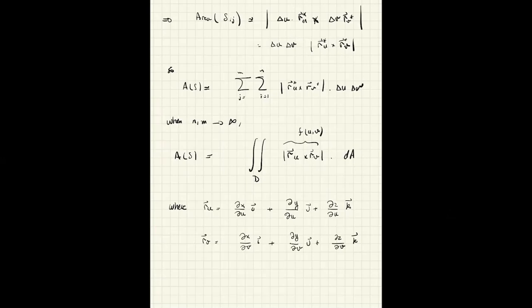Because remember, you have to take the cross product and take the norm. Computationally speaking, it's a very demanding computation, because you have to take the derivative in each direction, take the cross product, and the cross product demands a lot of work.